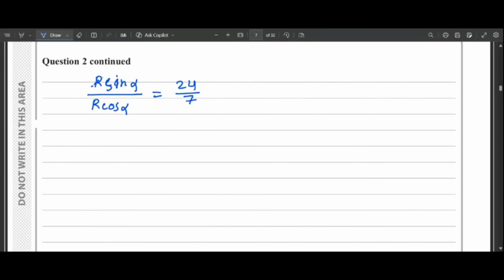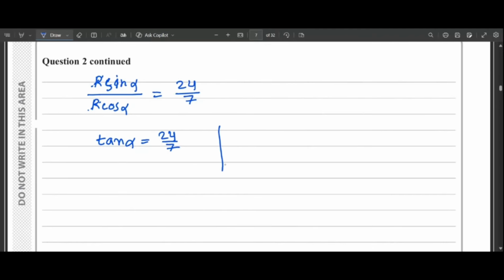We can cancel out r from the numerator and the denominator, and we know that sin alpha divided by cos alpha would be tan alpha. So tan alpha is equal to 24 by 7.